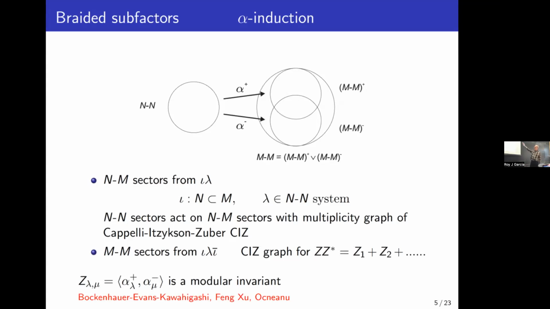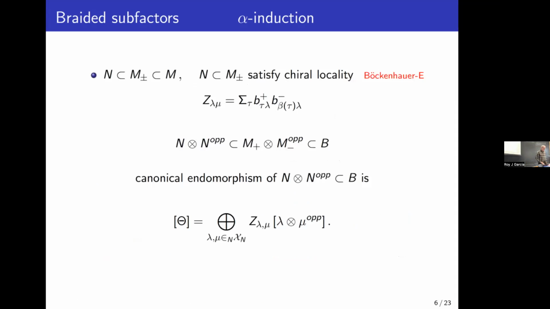And I've described it in terms of induction. You can also go back by restriction from here to here. These give you branching coefficients, and that's this picture here. Now, I think this was probably the last piece of work I did with Jens, which summarizes everything.